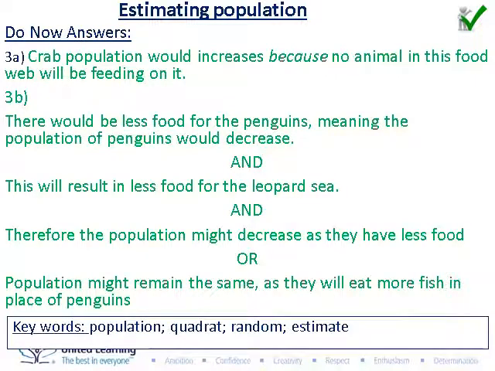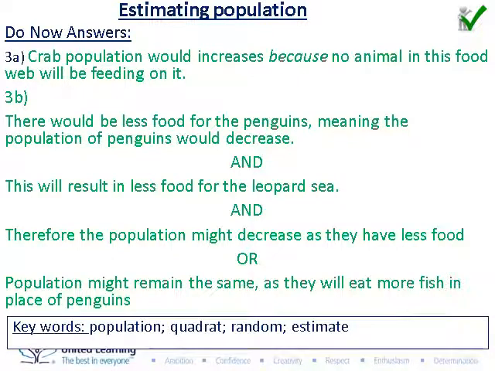So this is linked to what you talked about last week in terms of the impact of various organisms on other organisms which exist within that food chain. And there are several options for each answer. So if you kill off a predator of an organism, for example, for question 1, the crab population would increase because there's no animal which is feeding on it any longer.